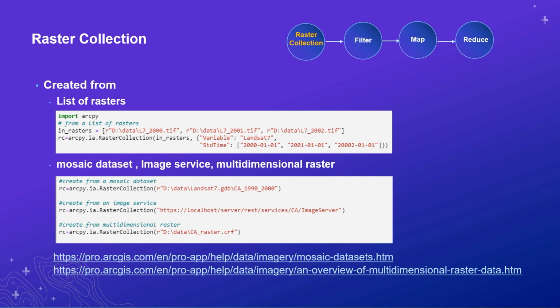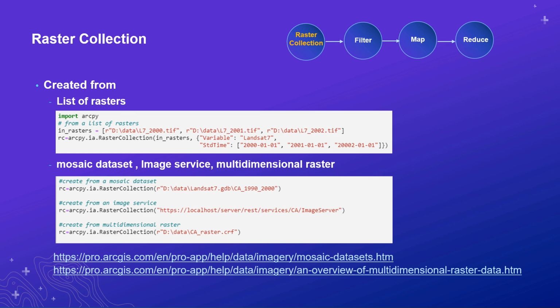Sometimes your organization or your team might already have a mosaic dataset created, so then you can create directly from the mosaic dataset. And sometimes, if you have a folder full of images, it might be easier to create a mosaic dataset first, which will automatically extract the metadata into the mosaic dataset.